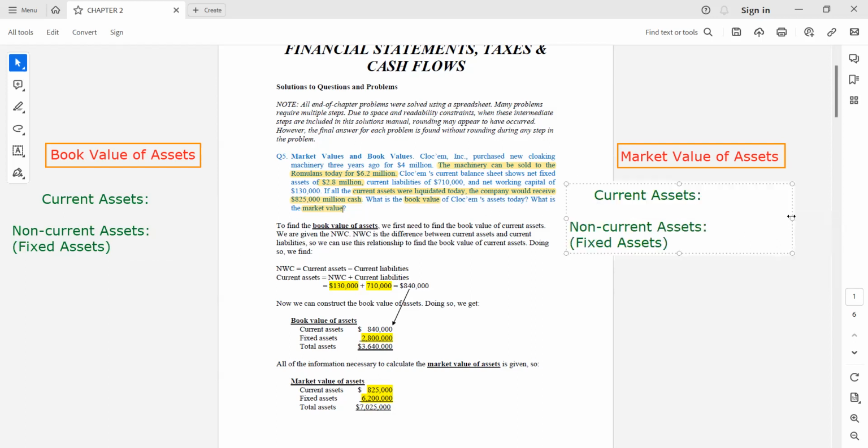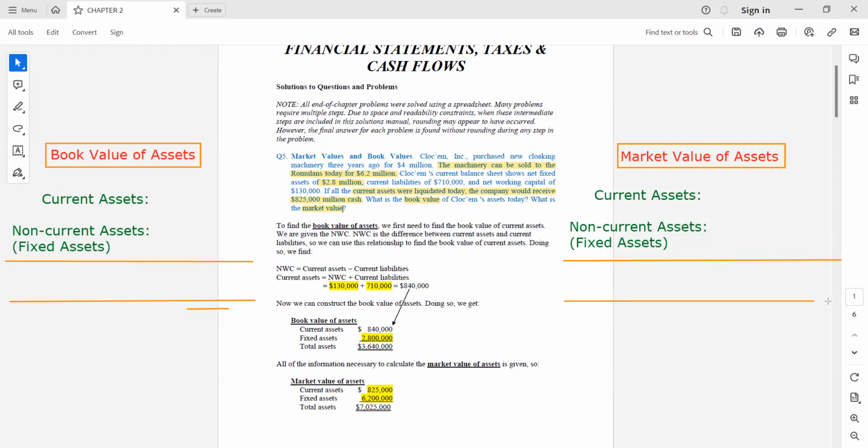So what we need to do now is fill up the data, because we want to calculate the final total value. You see, we do it step by step. Things will be easier because you know that assets have two types. Later on, we just fill up the data one by one, then we are done. Just now, we saw that they want to sell the machinery to the Romulans for 6.2 million.